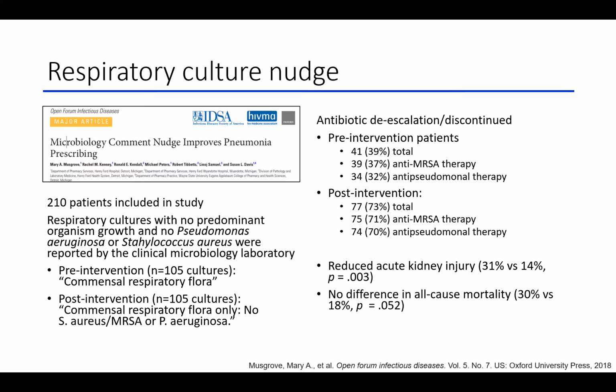They also were able to reduce acute kidney injury in the intervention phase, and they had no difference in all-cause mortality. So again, you're reducing your antimicrobial usage, you're reducing adverse patient outcomes due to antibiotics, and you're not affecting the mortality. So something like this can be really useful for that de-escalation when coupled with active antimicrobial stewardship.